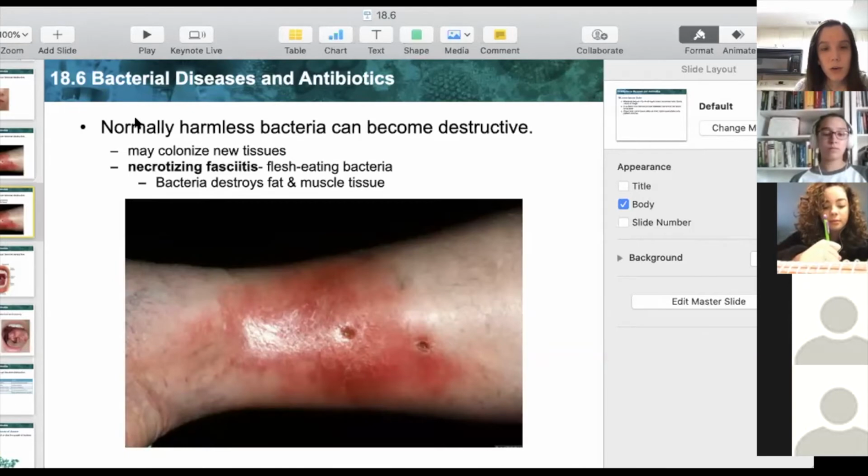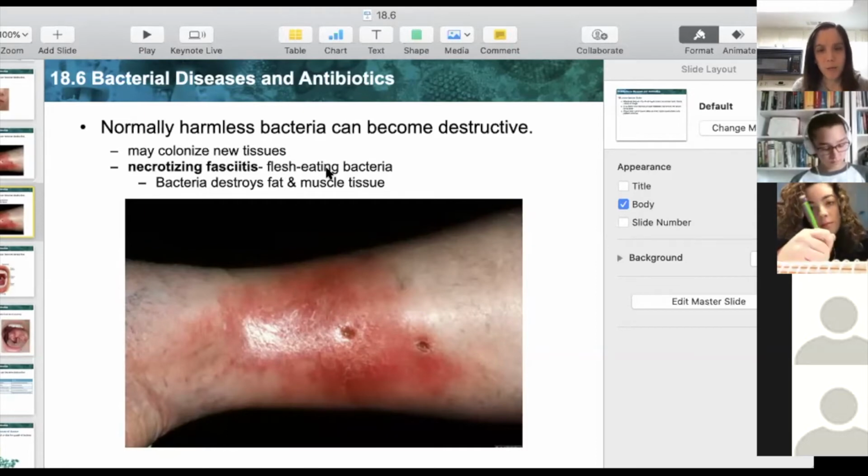This is called necrotizing fasciitis, and it's flesh-eating bacteria. This is bacteria that, again, normally is not harmful to the body. It's bacteria that usually are on the skin or in the nose and don't do anything to the body.